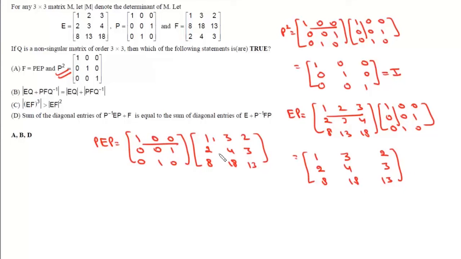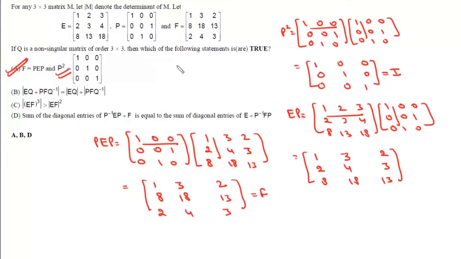Now again if we multiply it, we'll get 1 3 and 2. Now here will be 8 18 and 13, and this one will be 2 4 and 3, which is nothing but F. That means this option A is correct.